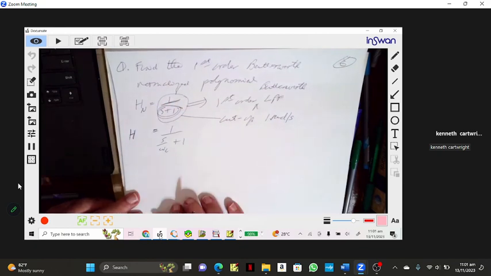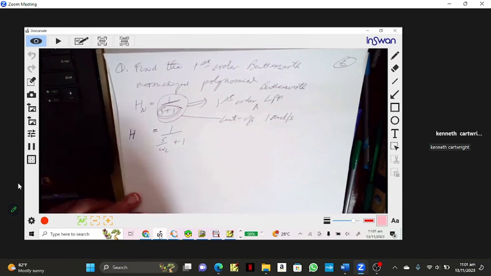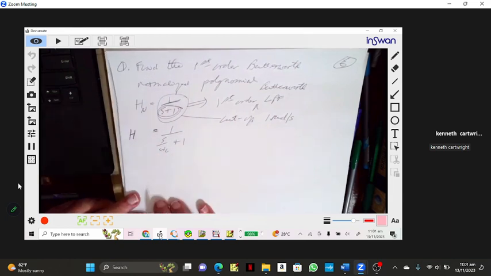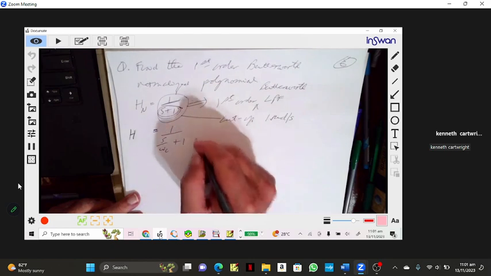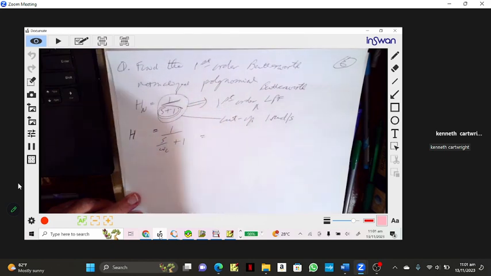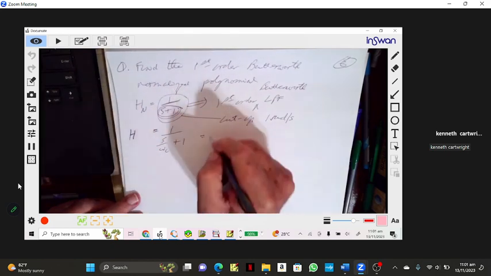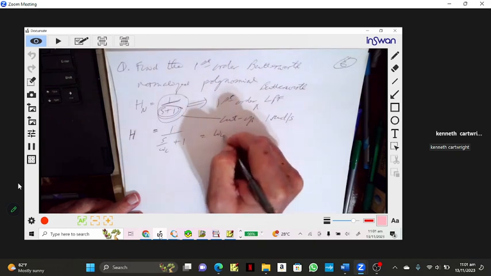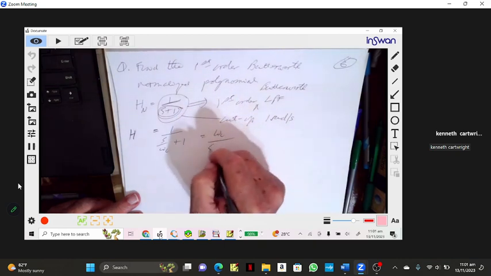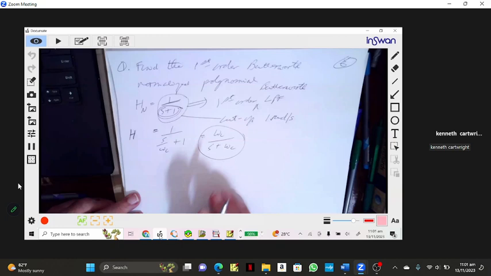It amazes me that y'all retain none of this from 410. Therefore, multiply top and bottom by omega C. This is omega C over s plus omega C. We did this last class. This is the transfer function we used last class.